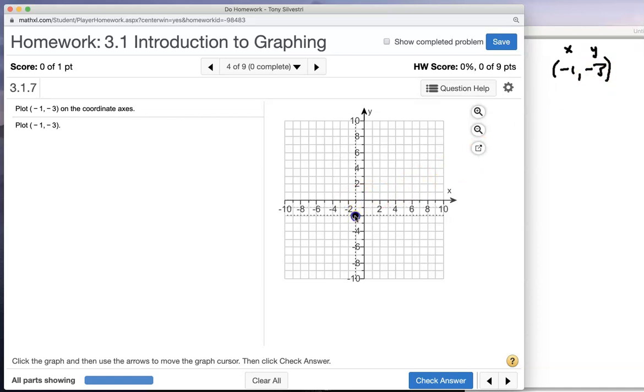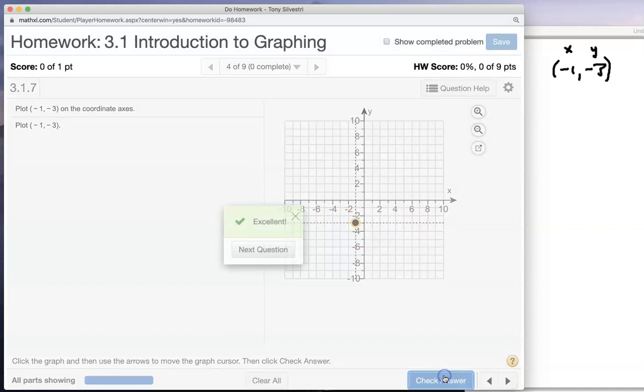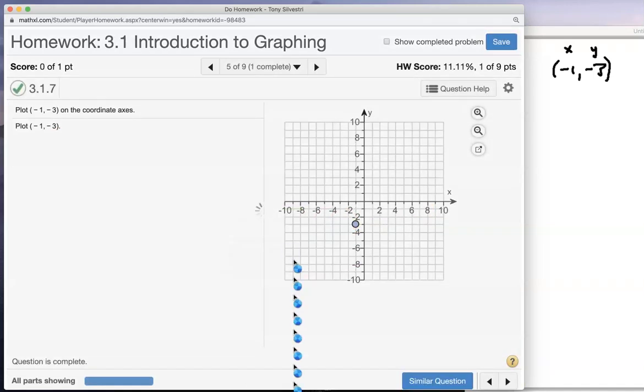So -3 would be over here going down. So you move horizontal, then vertical. The negative indicates the direction that you want to go. Positive would bring you to the right, negative brings you to the left. As far as the y is concerned, positive brings you up, negative brings you down. And this is basically how you plot this one point right there. Check your answer. Great job.